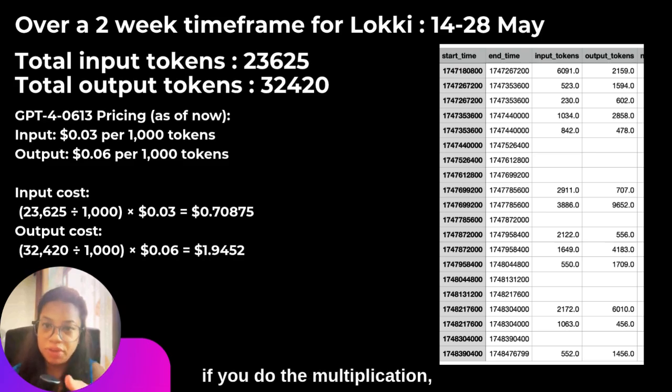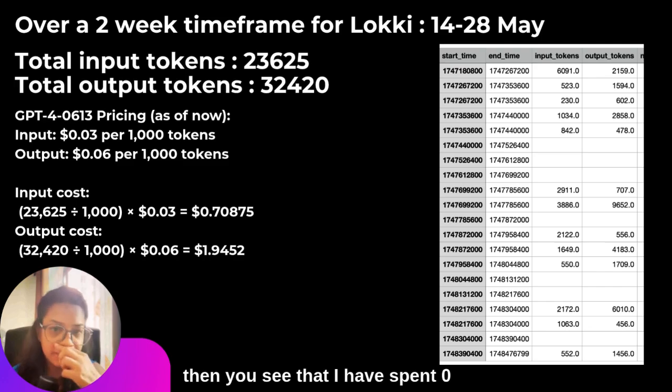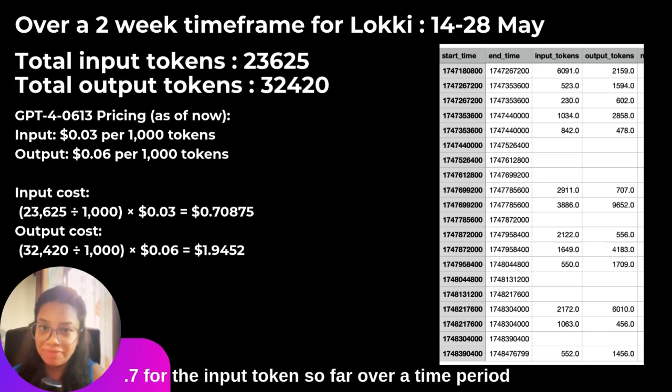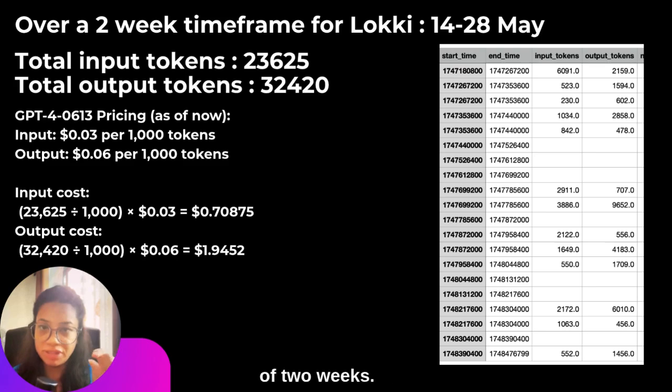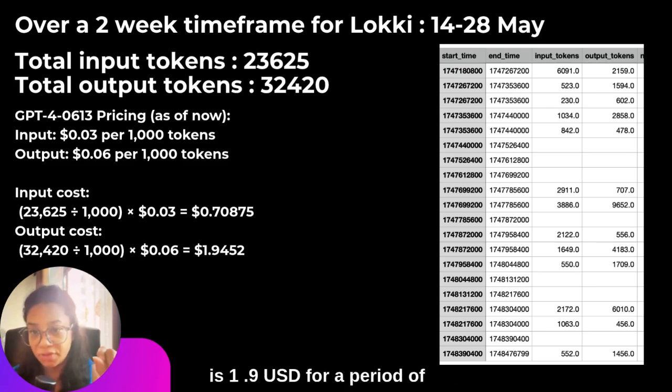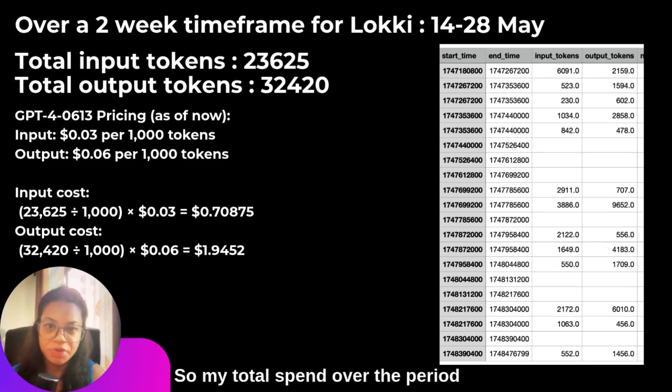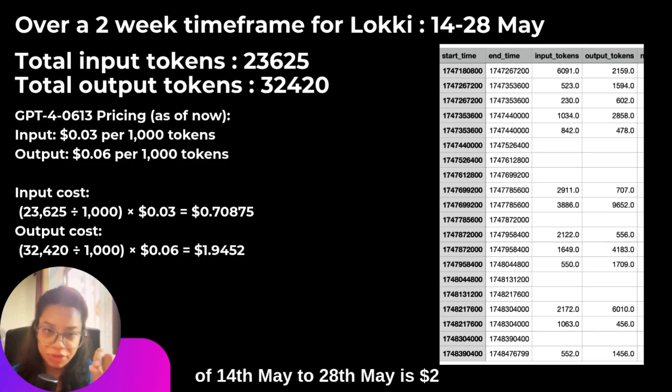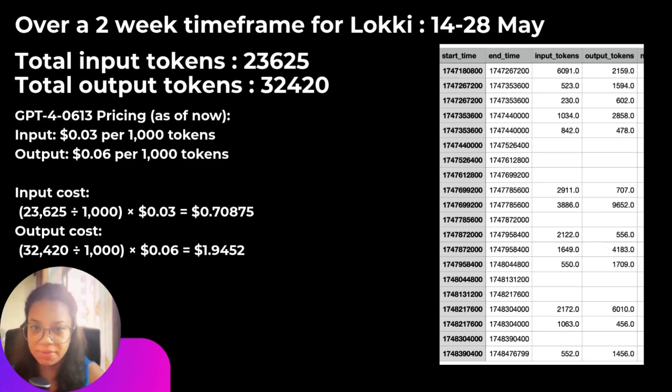And hence, if you do the multiplication, then you see that I have spent 0.7 for the input token so far over a time period of 2 weeks. And the output cost that I have incurred so far is 1.9 USD for a period of 2 weeks. So my total spend over the period of 14th May to 28th May is $2.6.